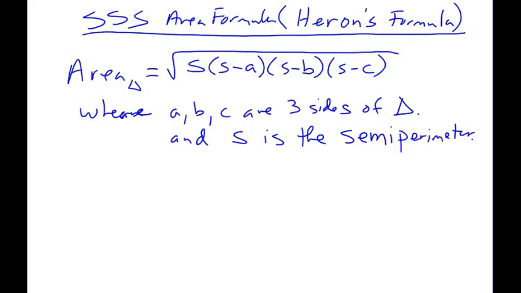And we get semi means half. So S would equal, if it's half of the perimeter, how do you find a perimeter of a triangle? You add the 3 sides together and you divide by 2.